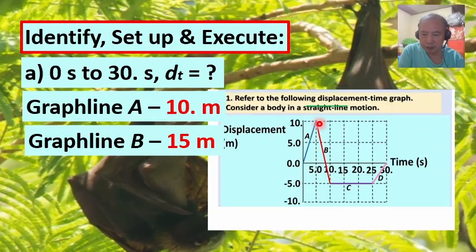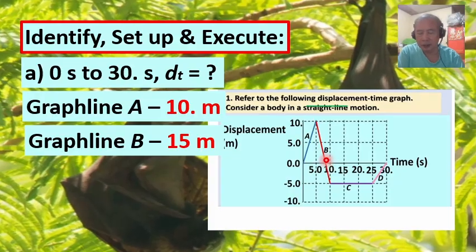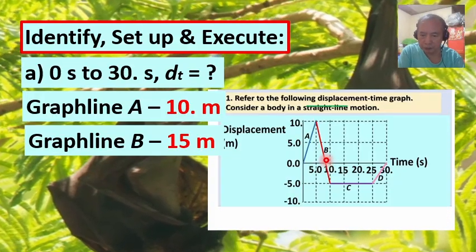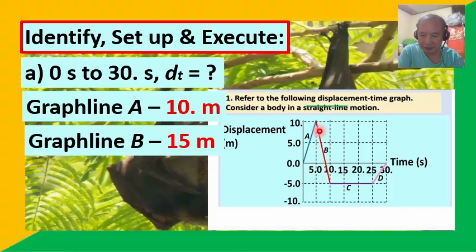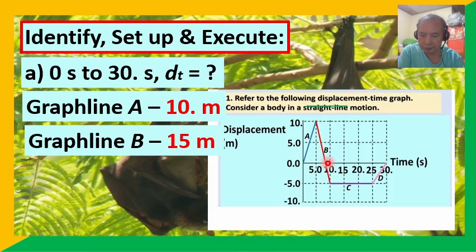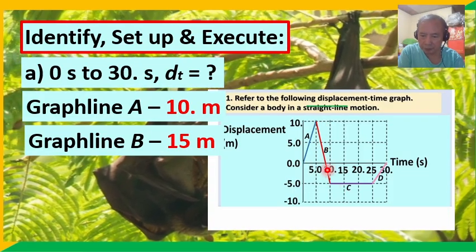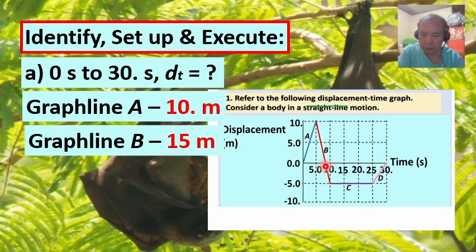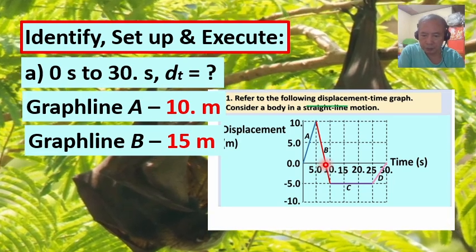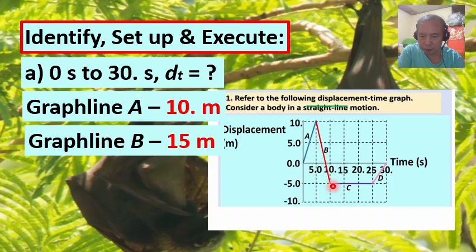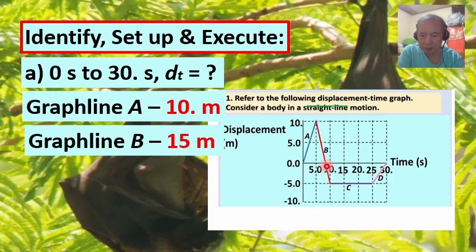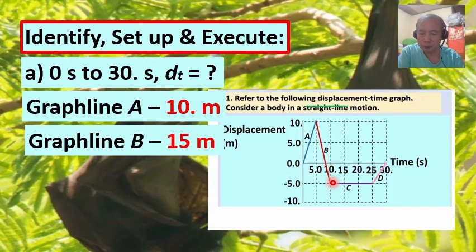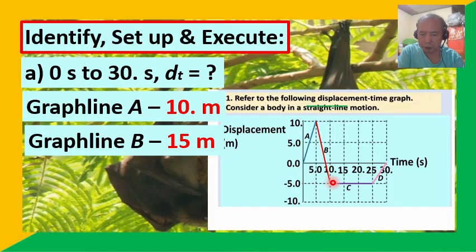So this is a change in position of negative 10. And then from 7.5 seconds to 10 seconds, the body also has a change in position equal to negative 5.0.